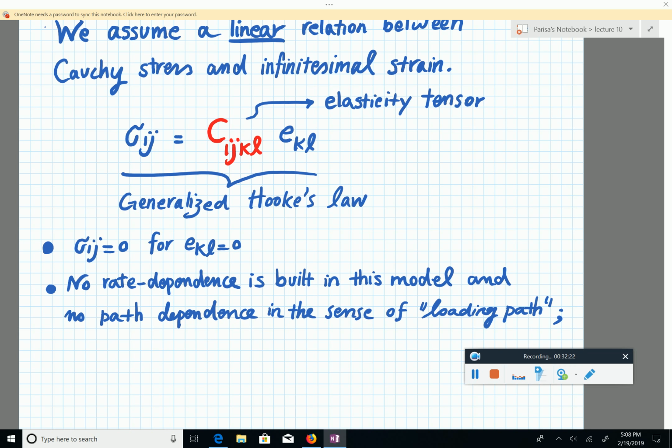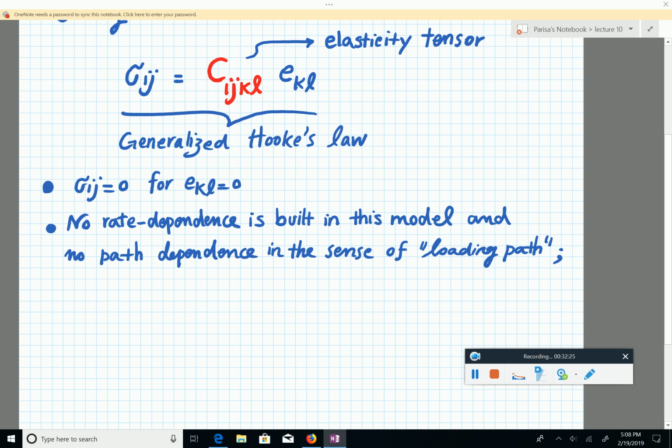It's very simple. So this is about the model, how it works. It just doesn't have any memory. You cannot use this model to model anything which has a memory, a material which has a memory of the previous deformation in it.